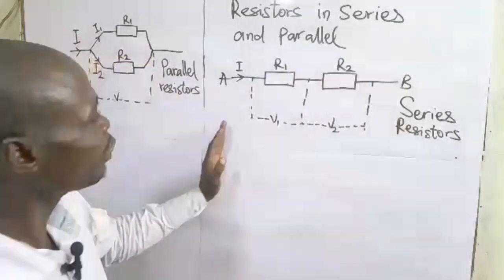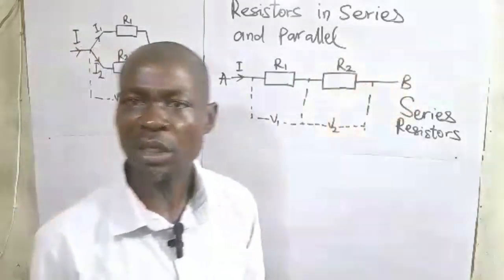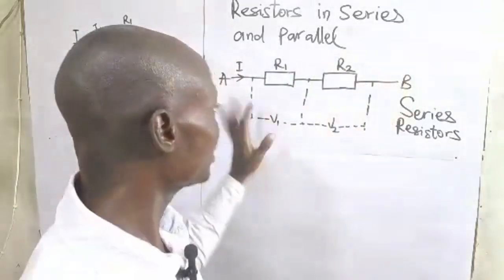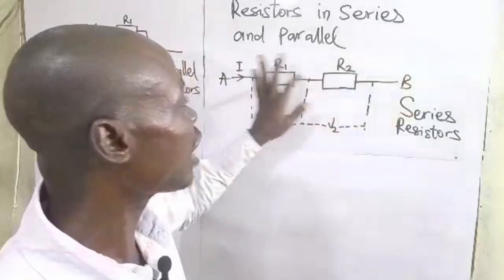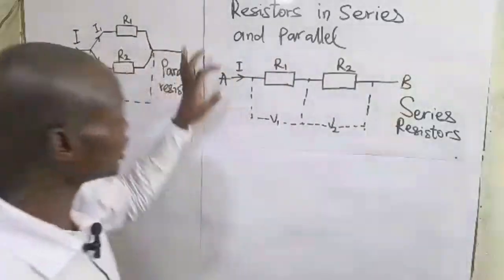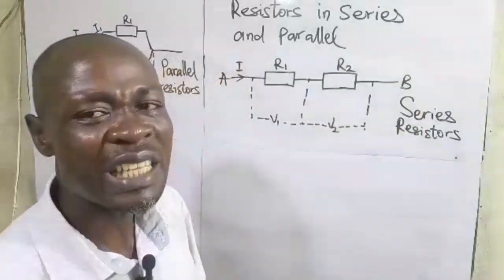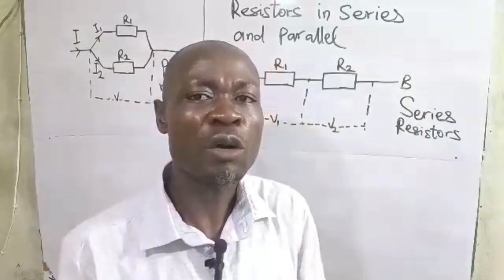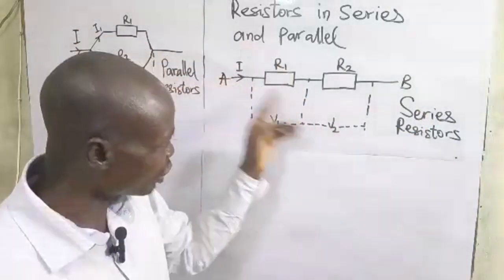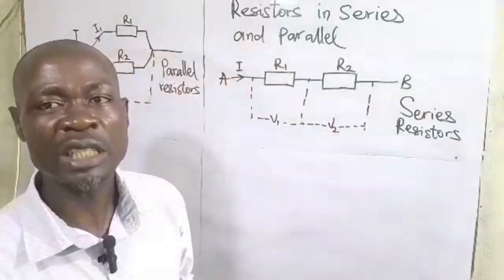R2. And that is the reason why current can flow from here. So if we don't have potential difference between R1 and R2, that means that current cannot actually flow from A to B.